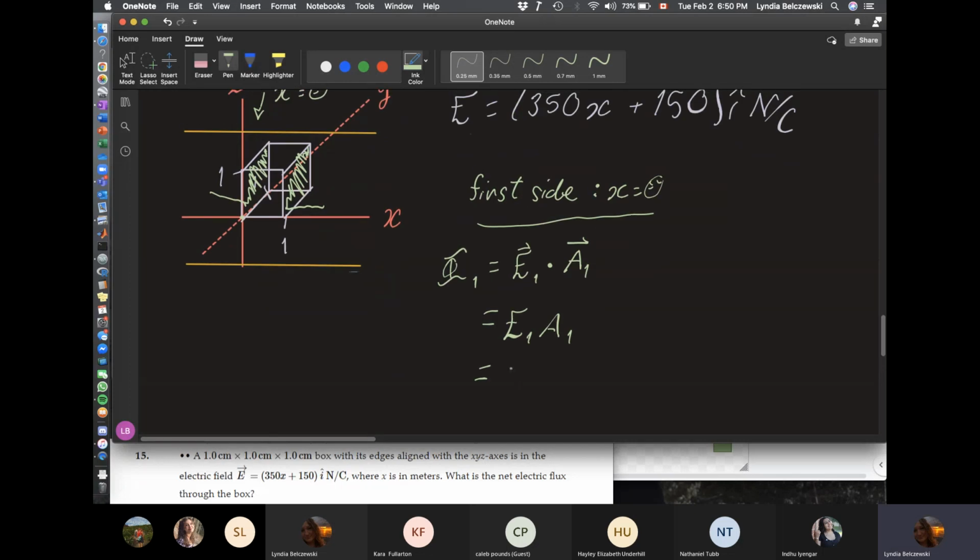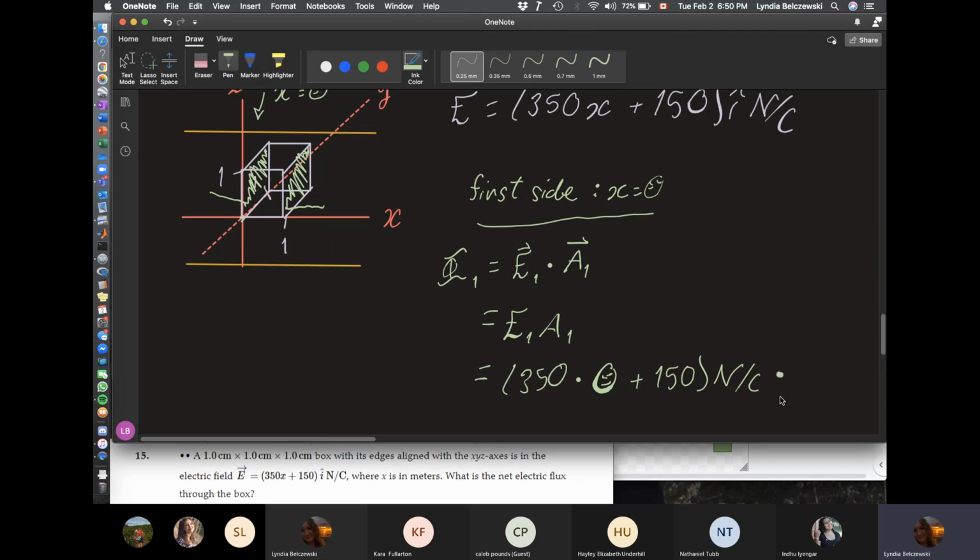So the electric field is equal to 350 times x, but x is equal to 0 for this surface. So it'll end up just being 0 plus 150 Newton per Coulomb, and that'll have units Newton per Coulomb.